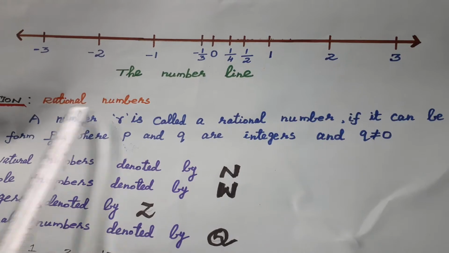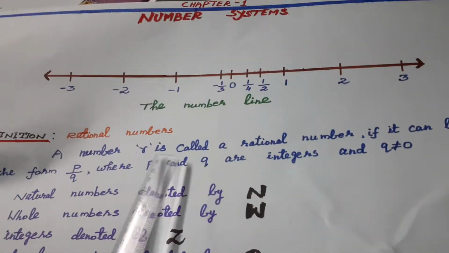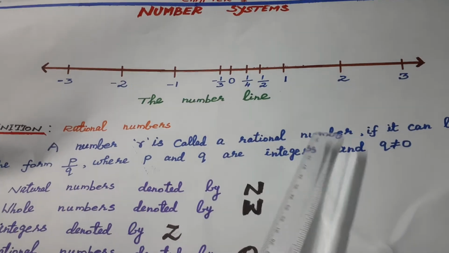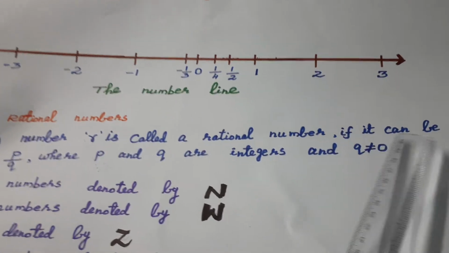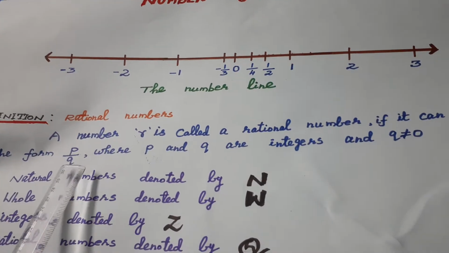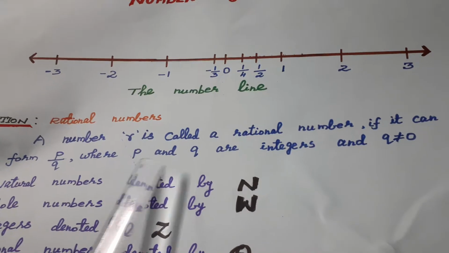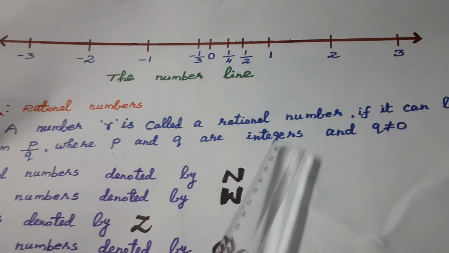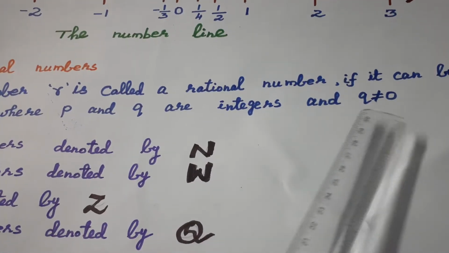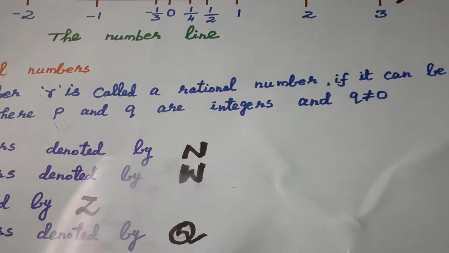Definition of rational numbers: a number r is called a rational number if it can be written in the form p divided by q, where p and q are integers and q is not equal to 0.